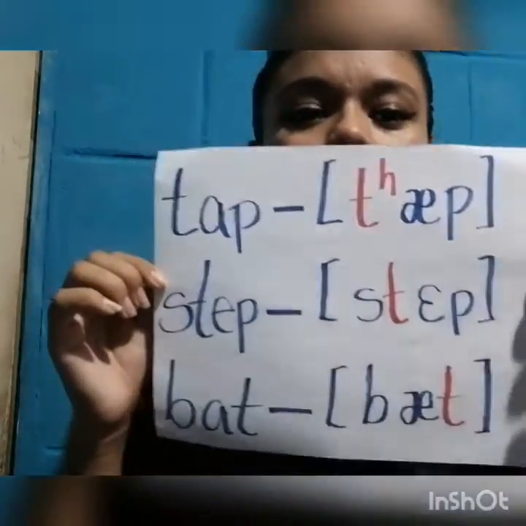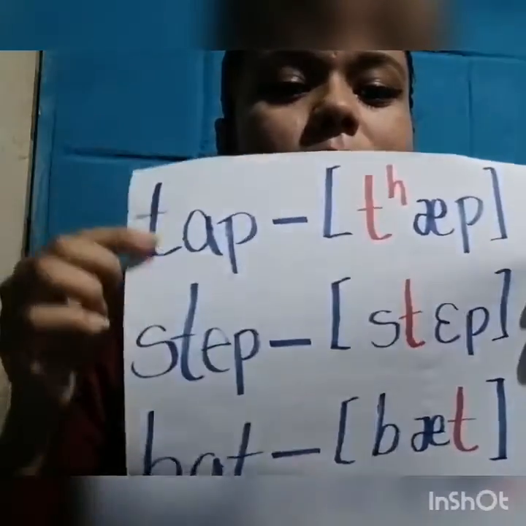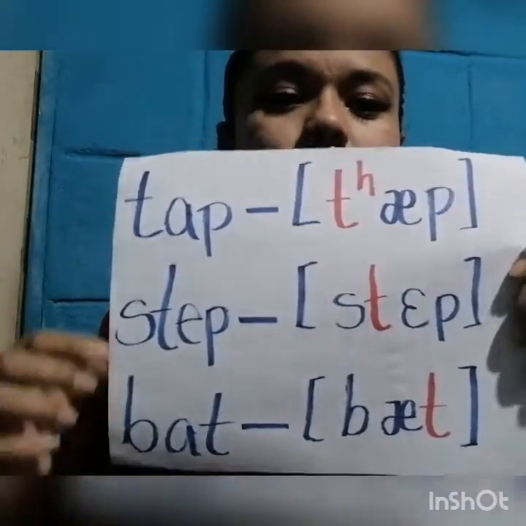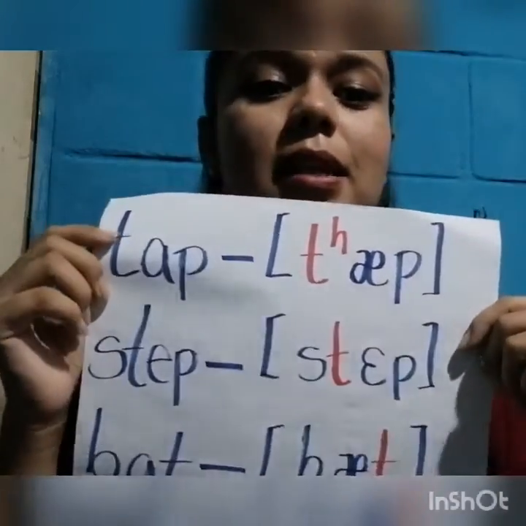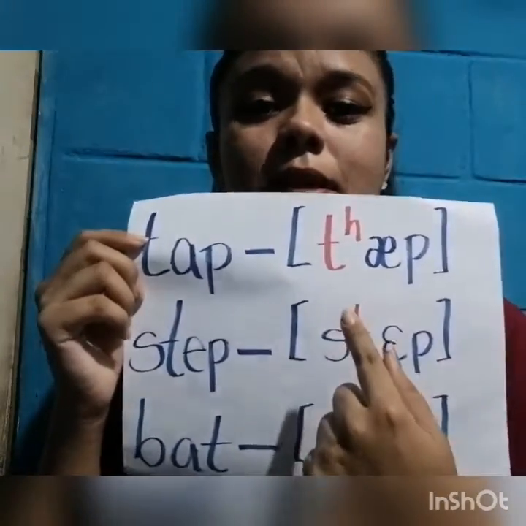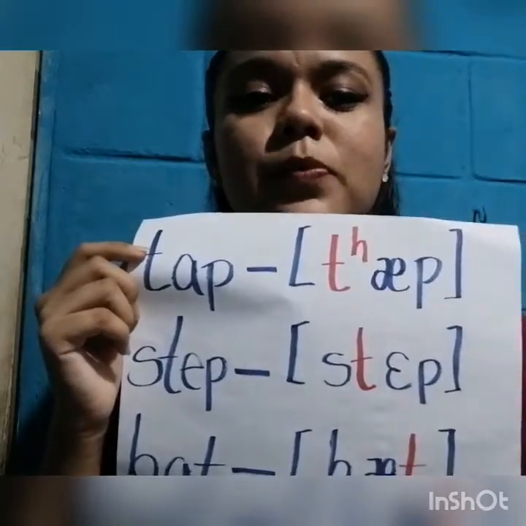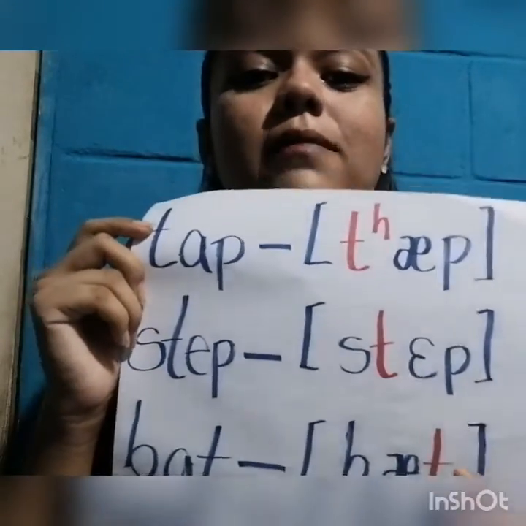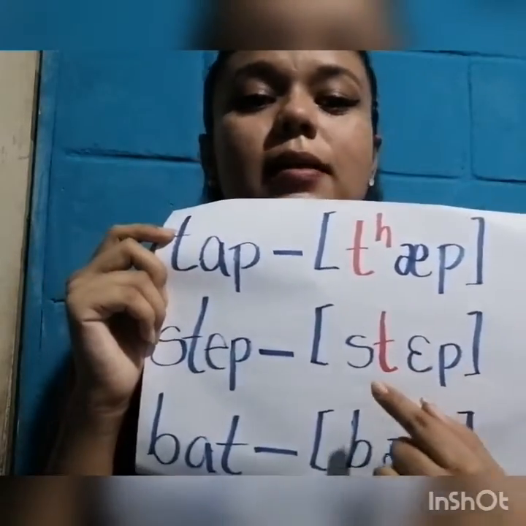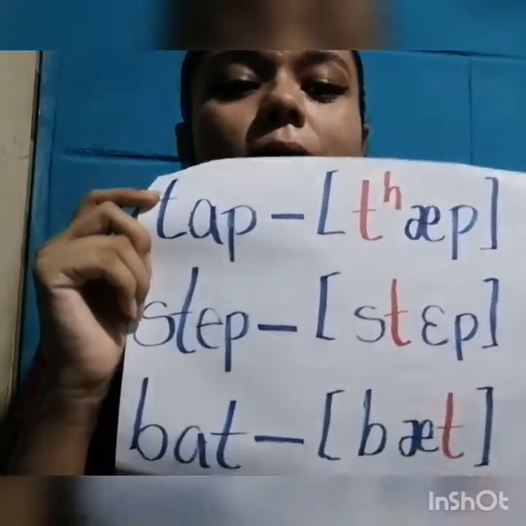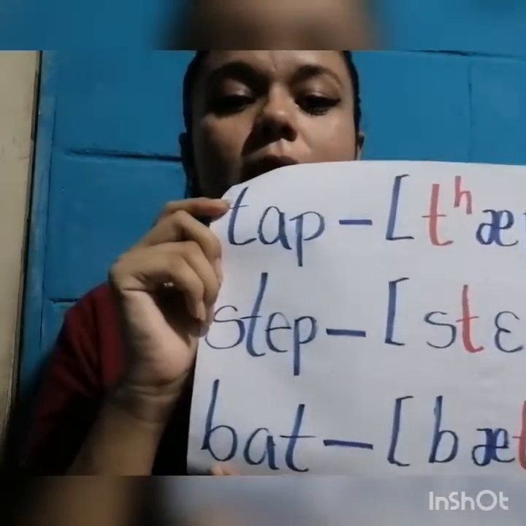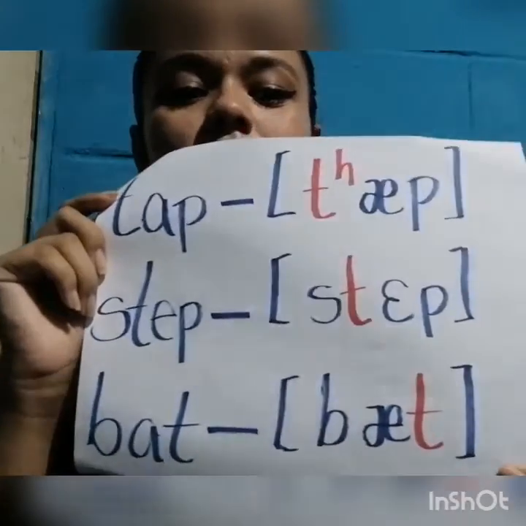And for that one, I have these words: top, step, and bat. So we have the aspirated T in the initial position, that is top, the aspirated sound, and also we have step in the middle position, and the last one we have bat in the final position.